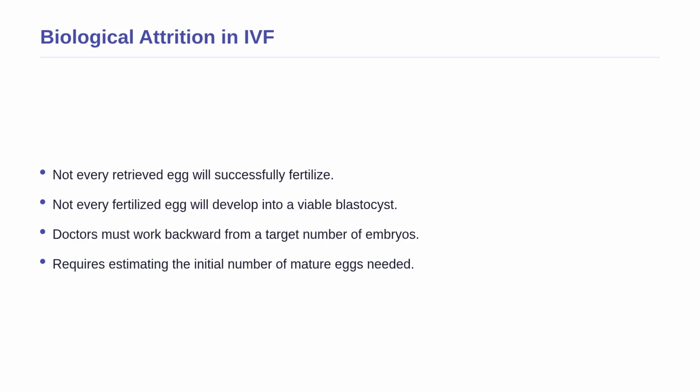Because of these successive drop-off rates, doctors can't just retrieve one egg if they want one embryo. They must work backward from their final target number of embryos using historical conversion rates to estimate exactly how many initial mature eggs they need to retrieve.